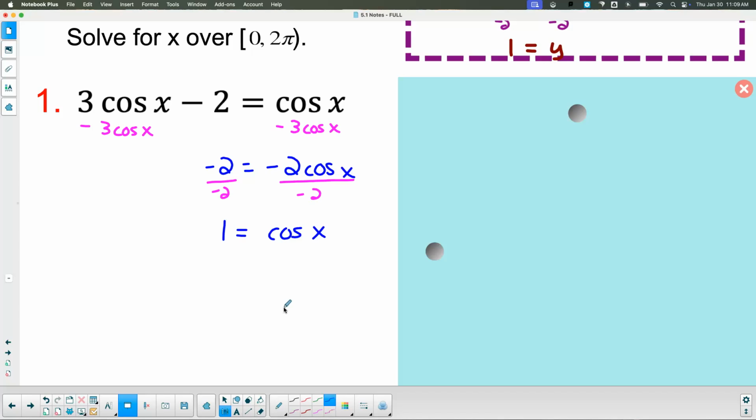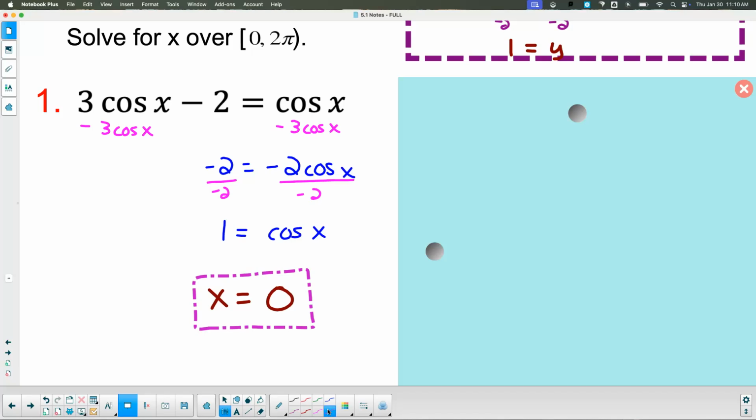At 0, right? So x here is equal to 0 radians. We're going to solve in radians the entire time. Because if we plug in 0 radians, we get a cosine value of 1. Okay? With me so far?